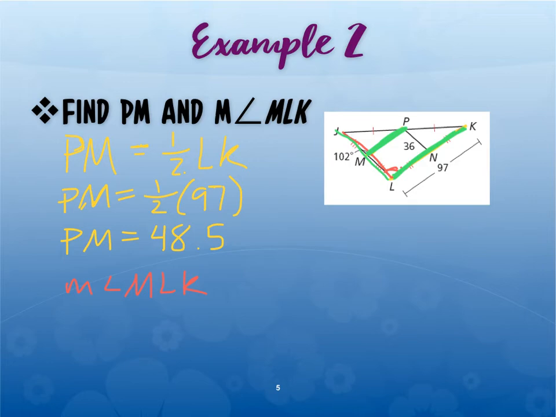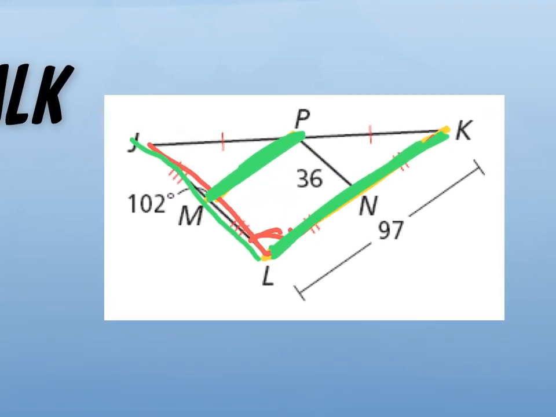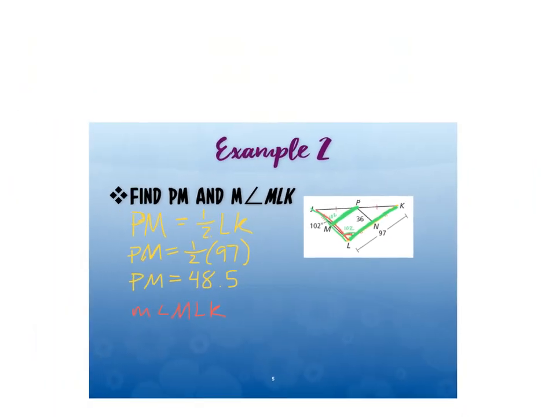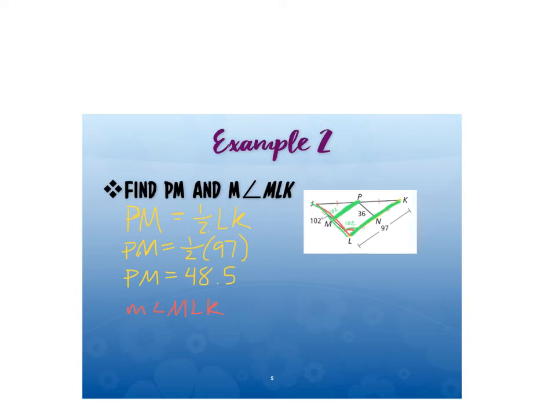So the only other angle we have in this picture is this angle JMP, which is 102. Oh, the corresponding angle. They're corresponding angles. Perfect. And what do we know about corresponding angles? They're also congruent. So what's the measure of angle MLK? Well, 102 degrees.